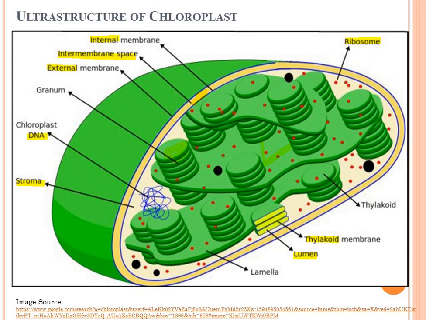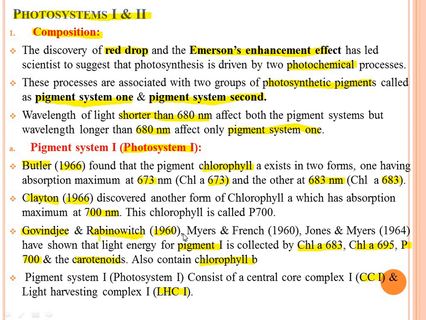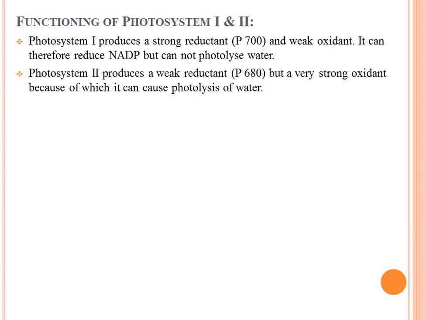Photosystem 2 is present inside that membrane of the grana or thylakoid, and photosystem 1 is present in the stromal lamellae. This is the stromal lamellae, while this membrane of thylakoid is the granal lamellae. This is the location of photosystem 1 and photosystem 2.